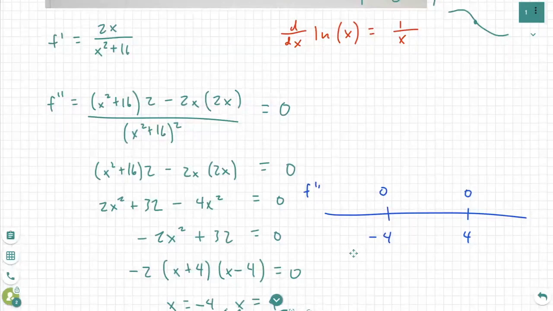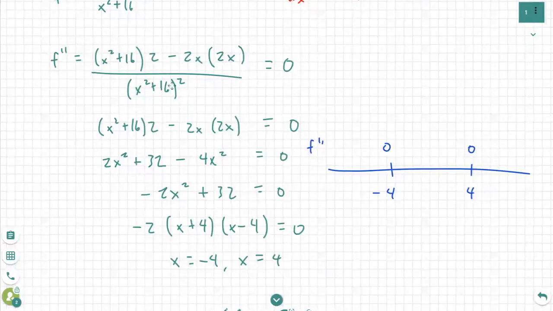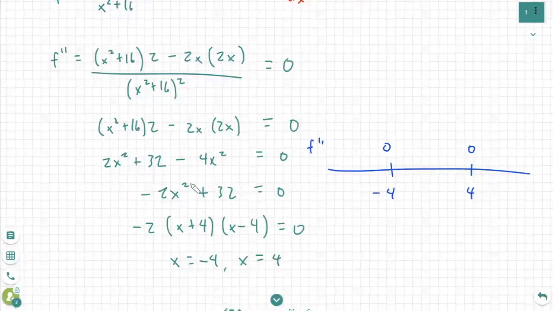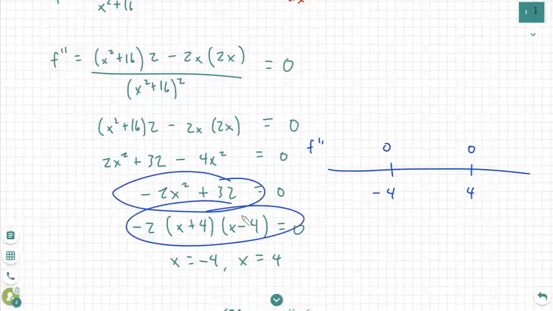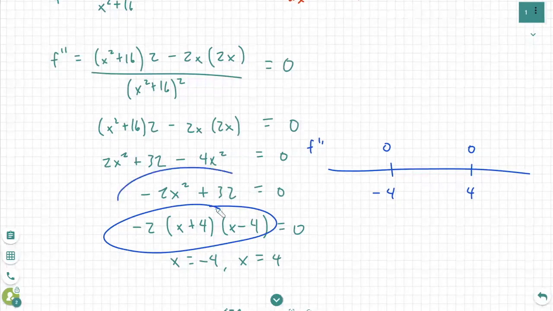So then the negative 2x squared plus 32. Yeah, we want to plug in the second derivative, right? Because we're dealing with concavity. Okay, so the second derivative simplifies to this; you can plug it in either here or here. Typically you want to plug it into the factored form so you can see the signs of the separate factors, but this one's okay as well.